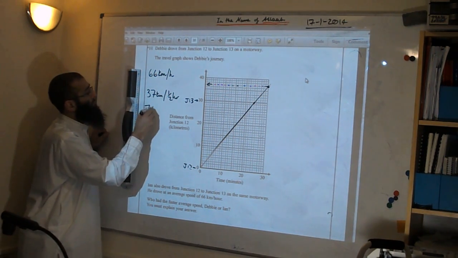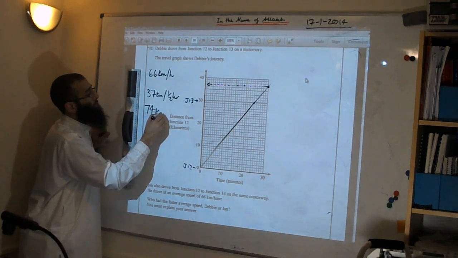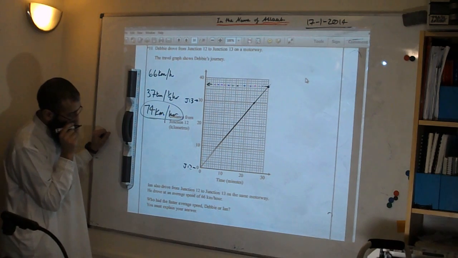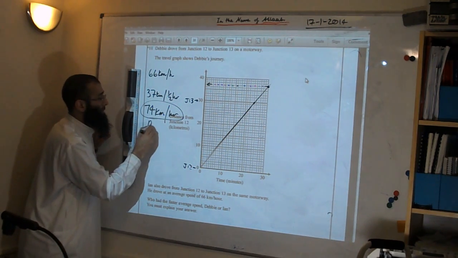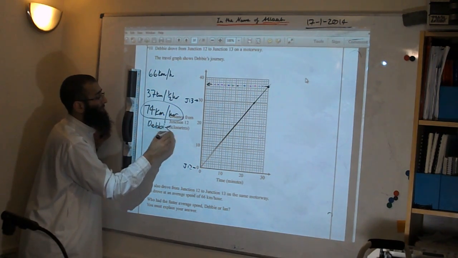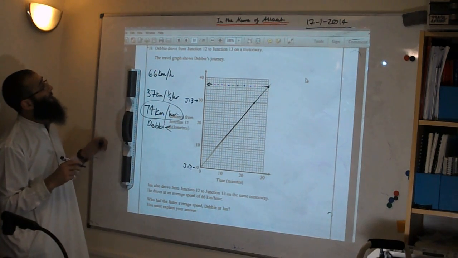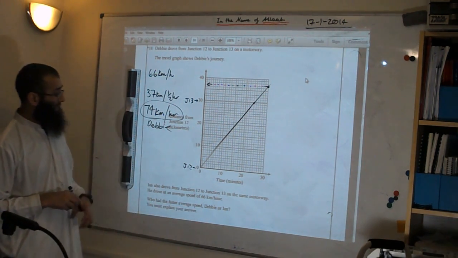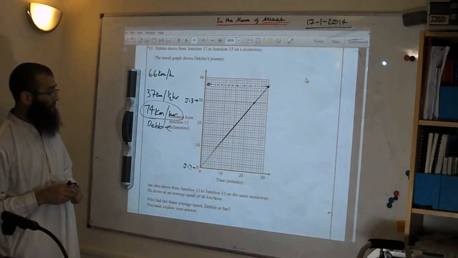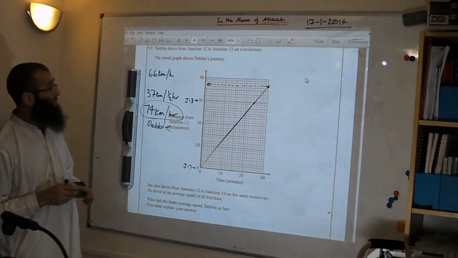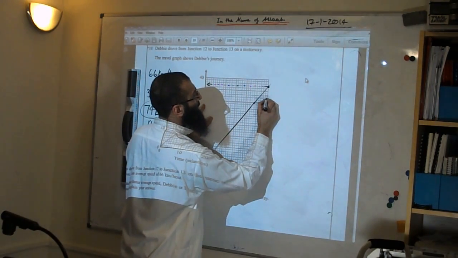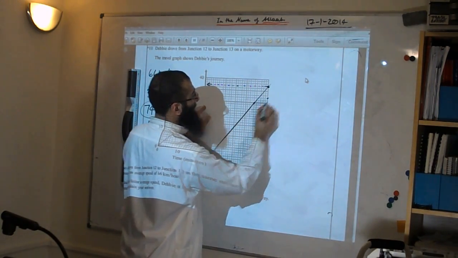So she is traveling at 74 kilometers per hour, and that is the lady Debbie. Debbie is traveling at 74 kilometers an hour and Mr. Ian at 66 kilometers an hour. In half an hour, how far will Ian go? 33. So Debbie's faster.